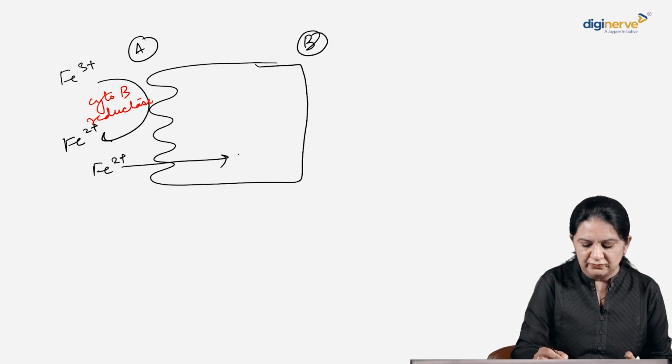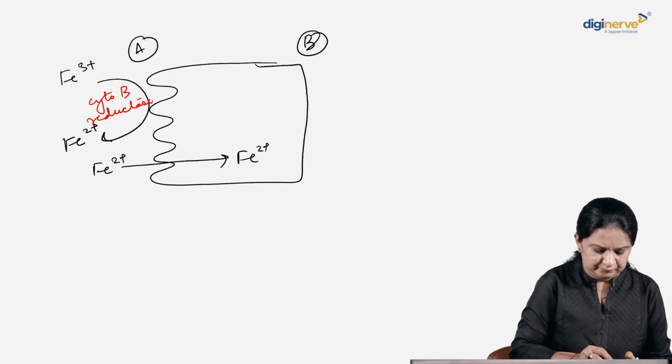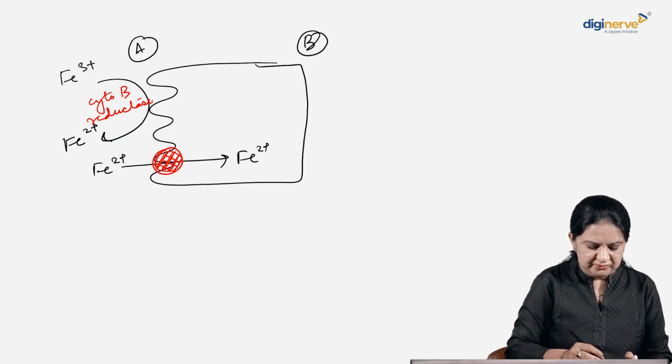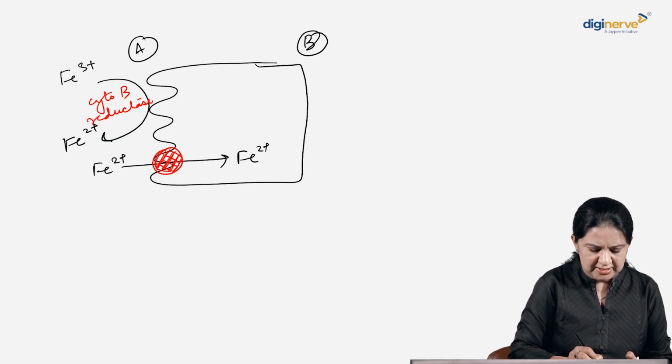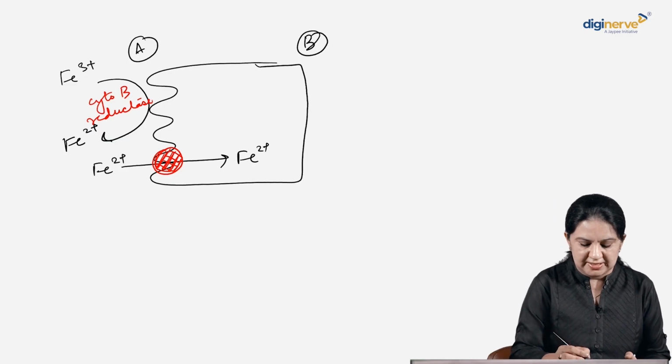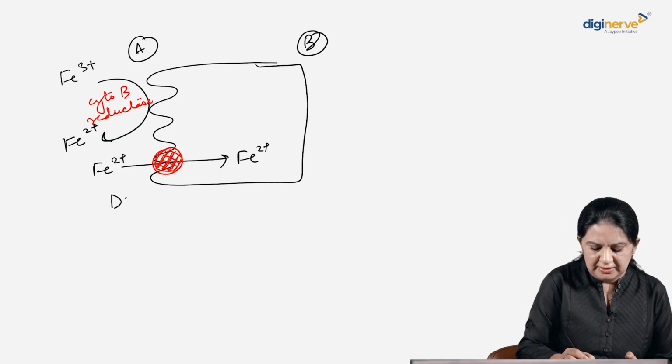This will be done with the help of a protein called DMT1. This protein present on the apical side of the duodenal enterocyte will help in the absorption of iron into the cell. All right. What is DMT1?